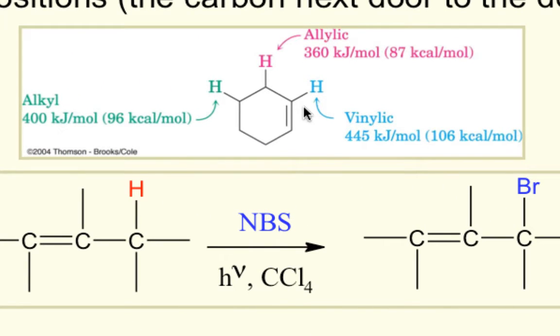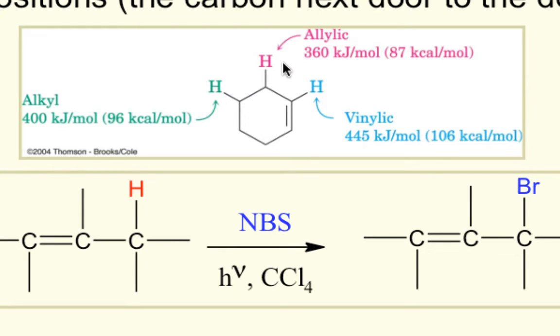I liked this drawing here to show us the difference between the vinyl position, the allylic position, and what's just a plain old alkyl position. When you have a carbon-carbon double bond, the carbon involved in the double bond is the vinyl position. 1 carbon away from the carbon-carbon double bond is the allylic position.